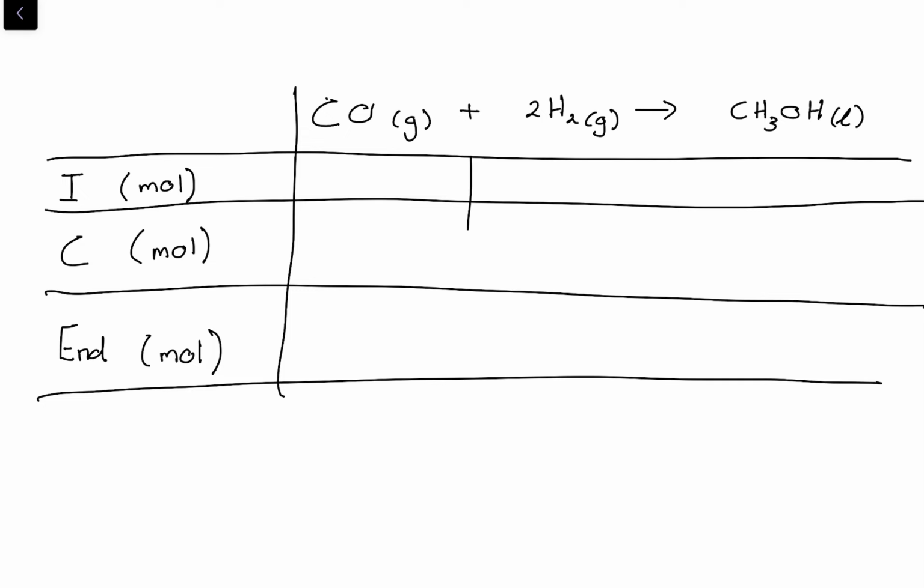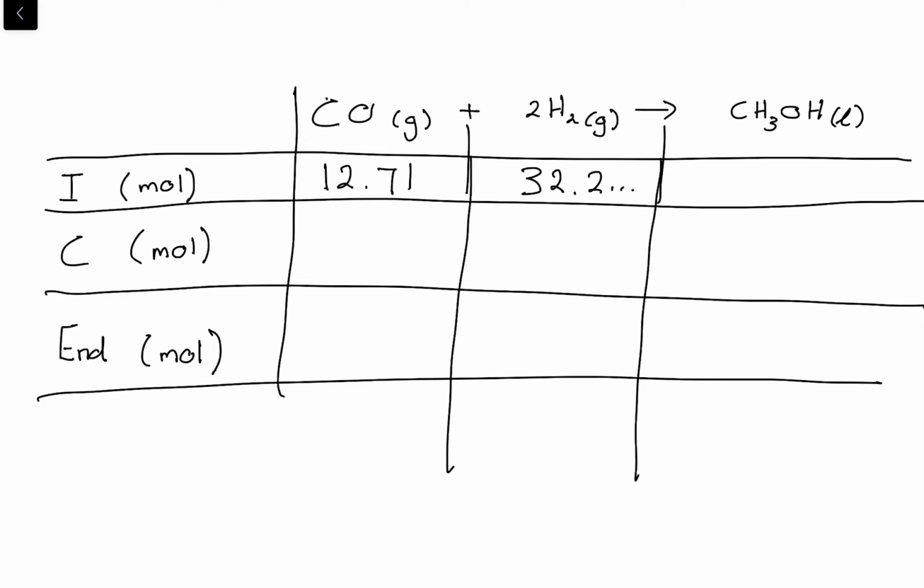So for each of these, what are the amounts that we had? Initially for CO, we had 12.71, and for hydrogen, we had 32.2. I just left these as numbers. And how much methanol did we have? We didn't have any methanol.